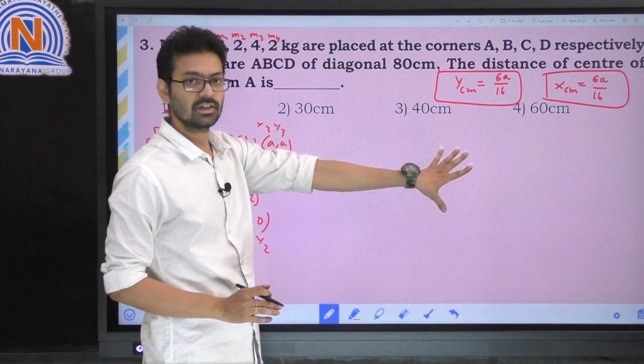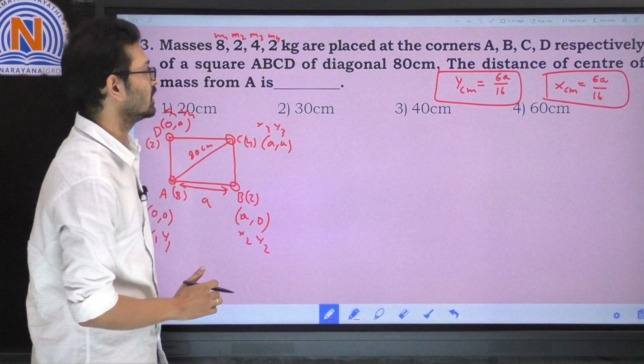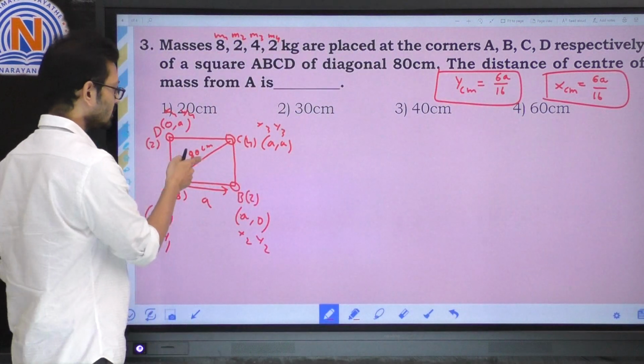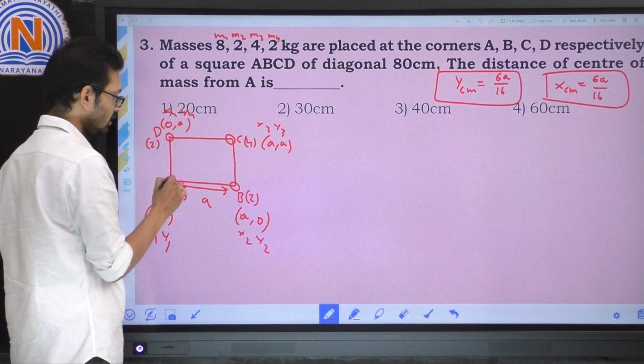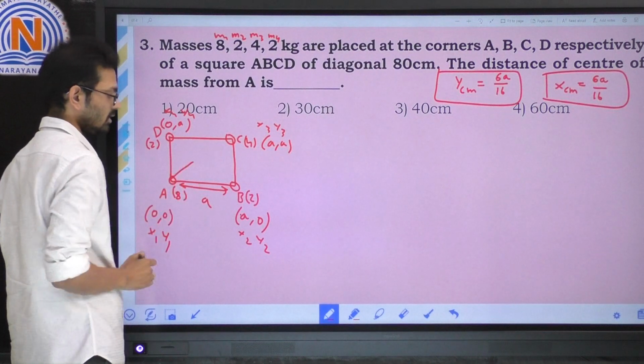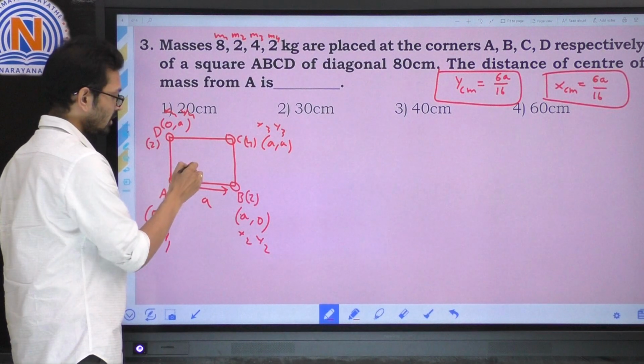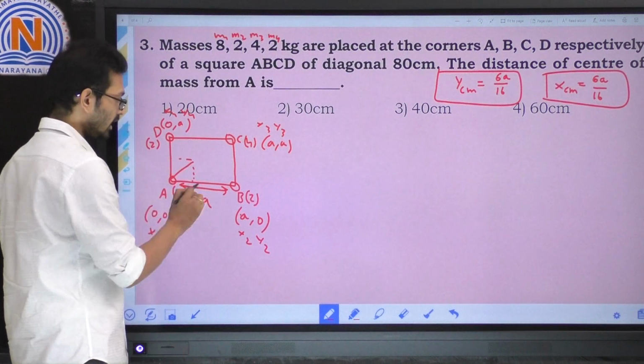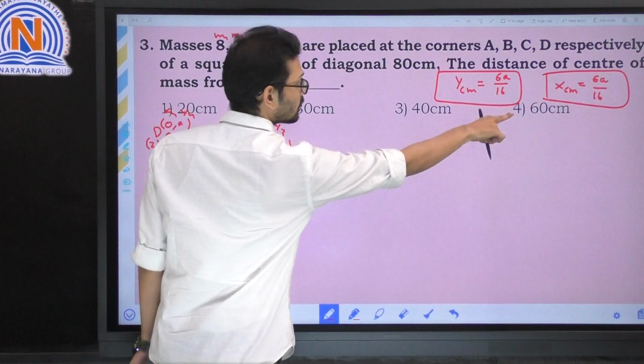Now they asked you the distance of the center of mass from A. That means distance of center of mass from where I want? From A. Let us think that it is touching over here. Now what happens from X and from Y? X value, how much did you get for the center of mass?